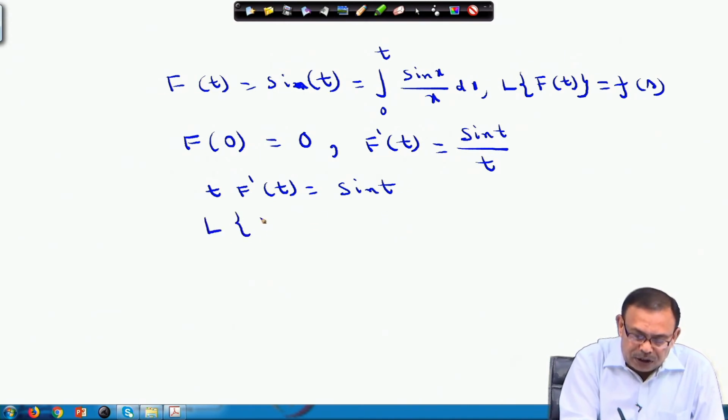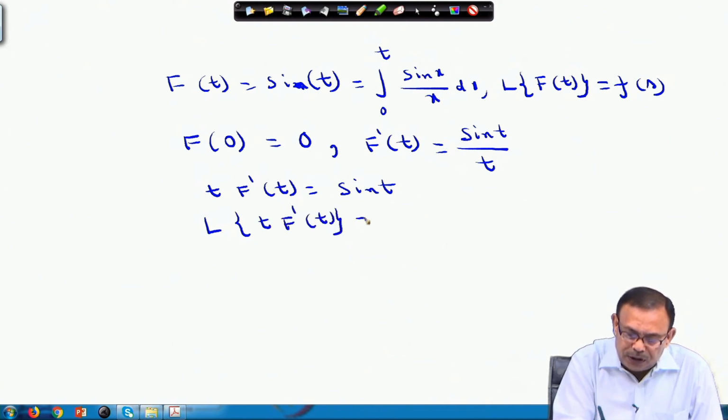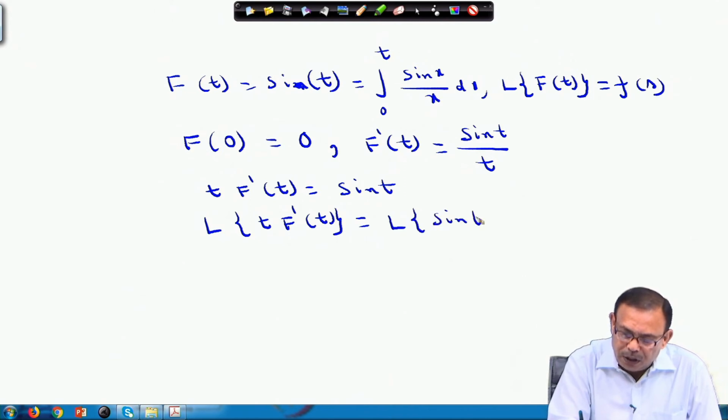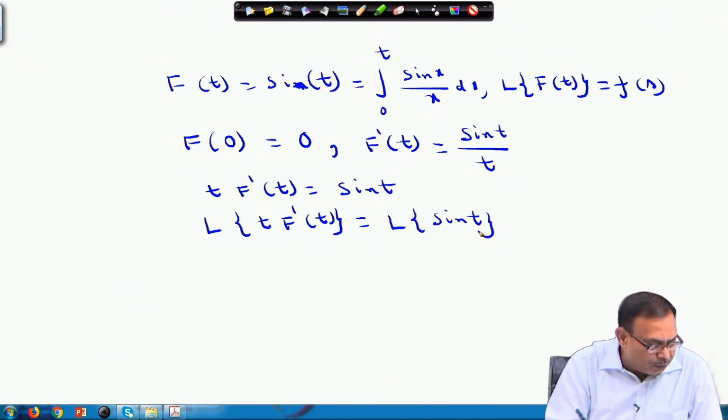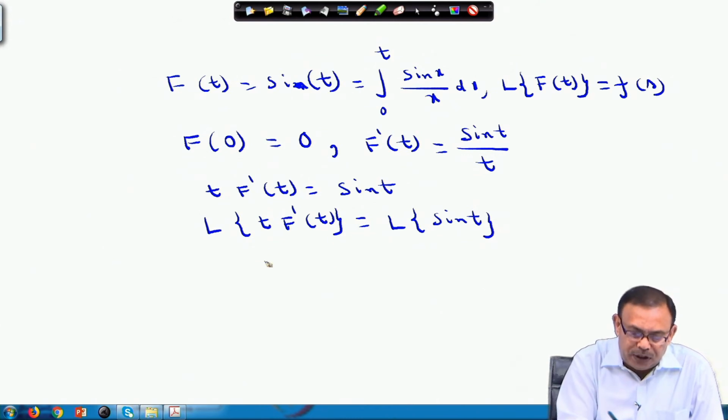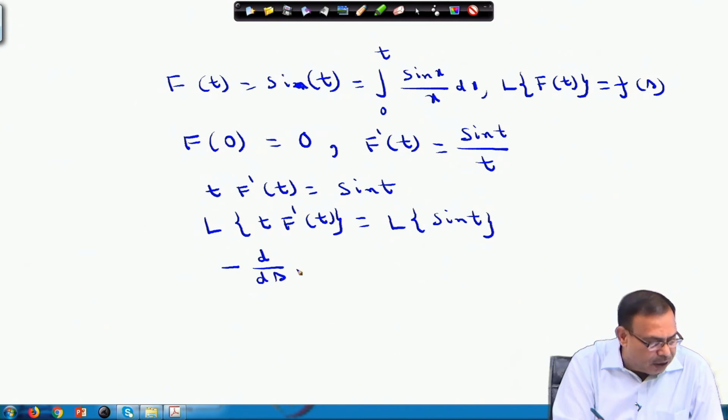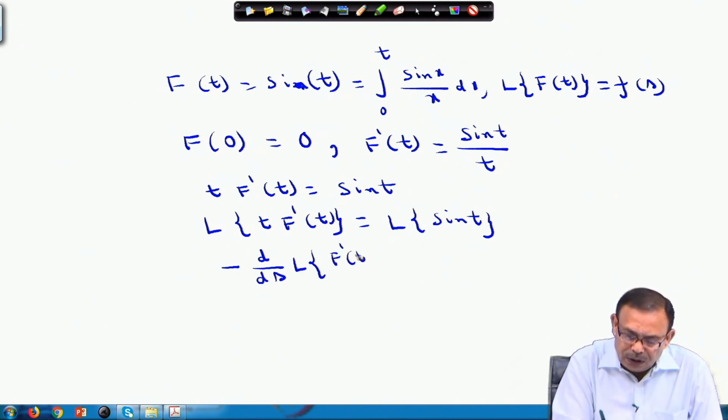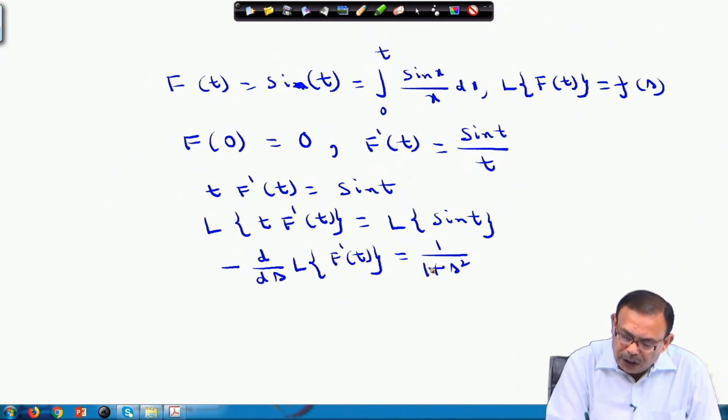So, taking Laplace transform on both sides, Laplace transform of t f'(t) equals Laplace transform of sin t. Laplace transform of t f'(t) you can write as minus d/ds of Laplace transform of f'(t), which equals 1 by 1 plus s square, since Laplace transform of sin t is 1 by 1 plus s square.